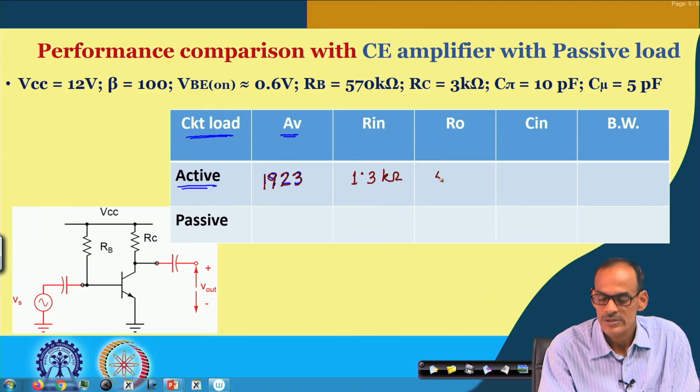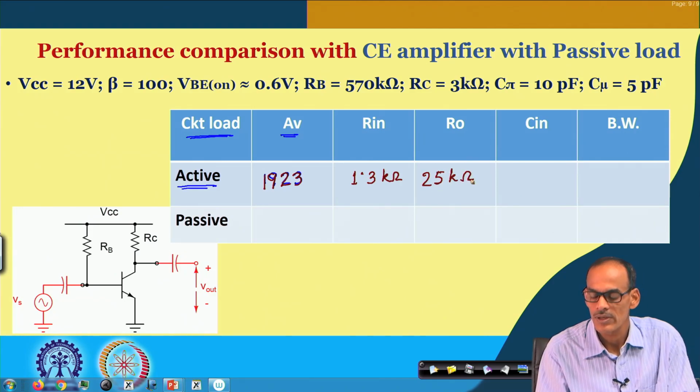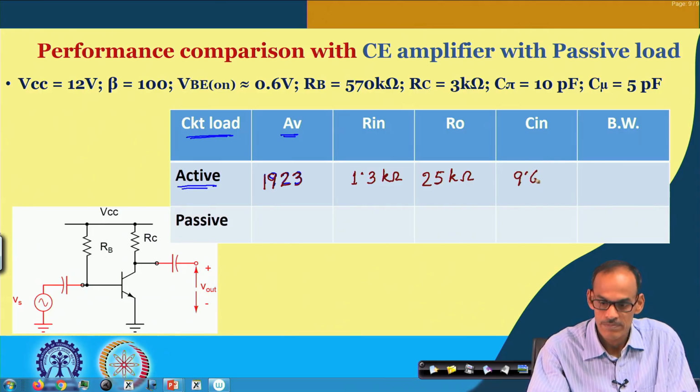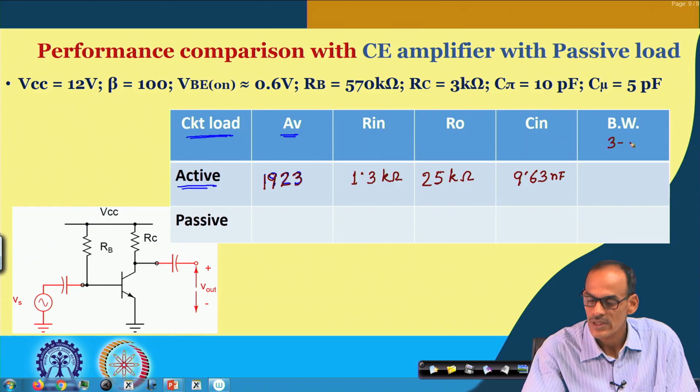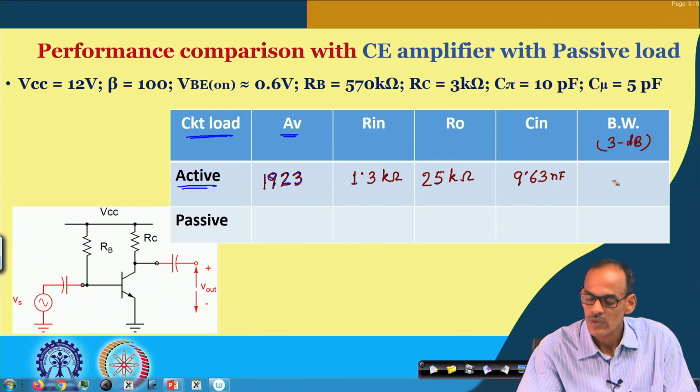Output resistance was 50 and 50 in parallel, 25 kilo ohm. Then the input capacitance got increased to 9.63 nanofarad, and the 3 dB bandwidth, or upper cutoff frequency to be more precise, was 63.63 kilohertz.